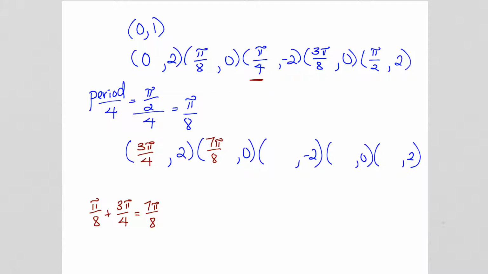Oh, I did something. I just wrote it wrong. So it was pi over 8. No, that was right. Okay. Then we've got pi over 4 plus pi over 8. That gives us pi. No. I'm losing myself here.